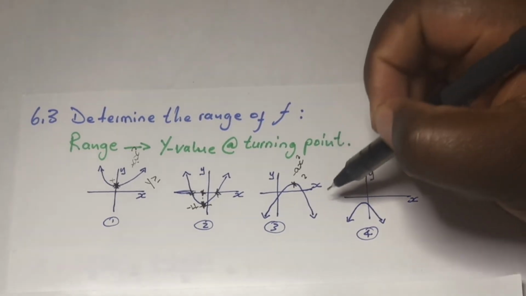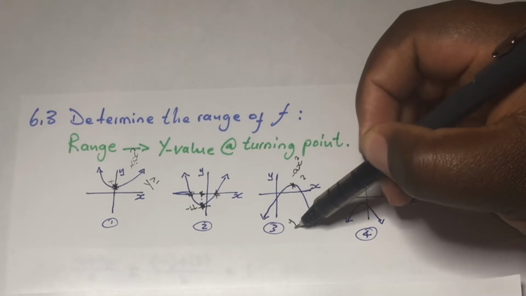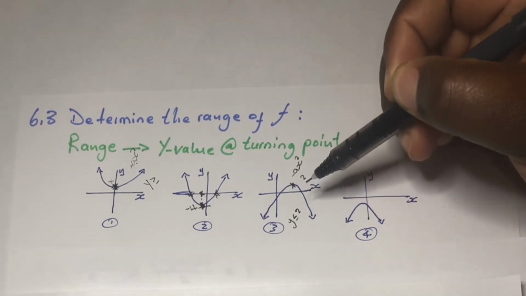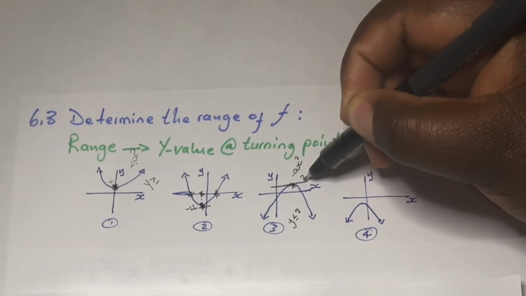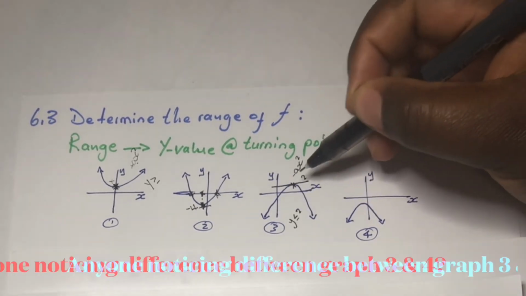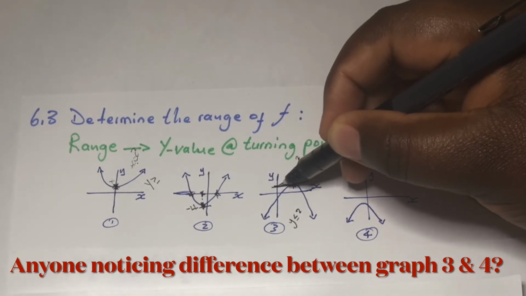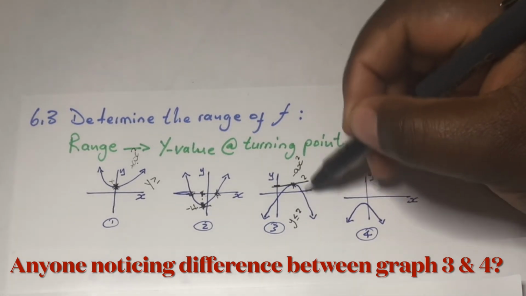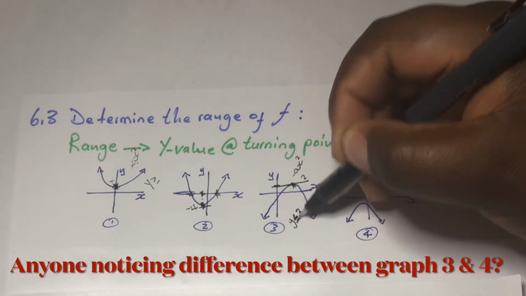Therefore, with regards to the range of that graph, you'd say your y is less or equal to 2, which means from that point going down is the range of that graph. So you focus on the turning point and you indicate that at where y is 2 going down, it becomes the range of your graph. So that's why you say y less or equals to 2.